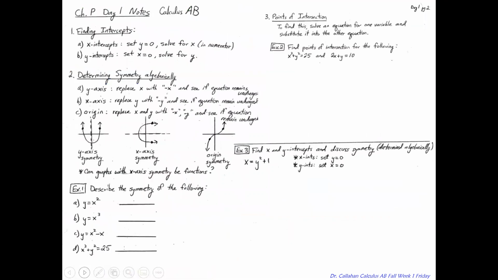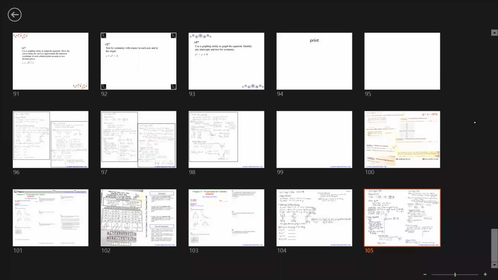And if you need some additional practice, I do have some more notes here with examples. In addition to that, I also have the answers attached as well. Okay, so you can practice a little bit more with that. All right, so with that said, let's go ahead and get started with today's stuff.